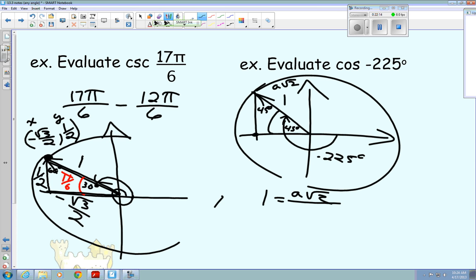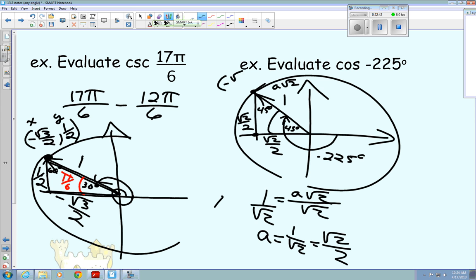To find out what a is, where a is the length of a leg, you divide by root 2. So a is 1 over root 2, which is root 2 over 2. That's both my x value and my y value. In this quadrant, the x is negative, the y is positive. So this is a negative root 2 over 2, positive root 2 over 2. That's your x and y value.